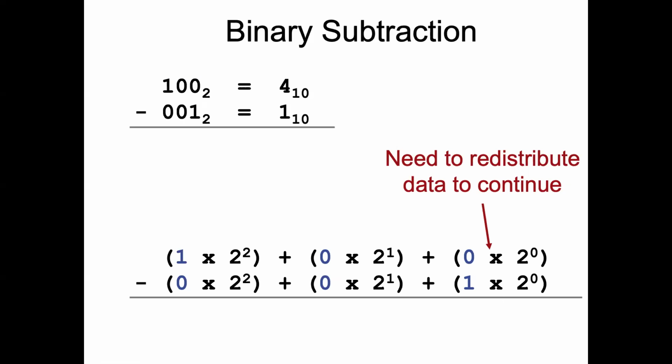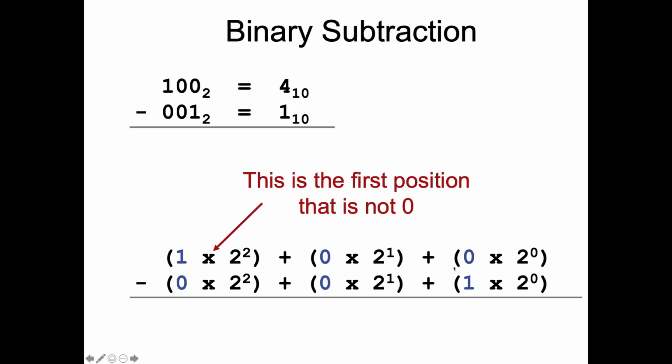So I'm going to borrow from this bit position so I can subtract in the 1's place. Now this 1 in this bit position is really worth twice as much as what's in this bit position. So if I borrowed from this 1 here, just like we did in base 10, that 1 is going to become a 0.